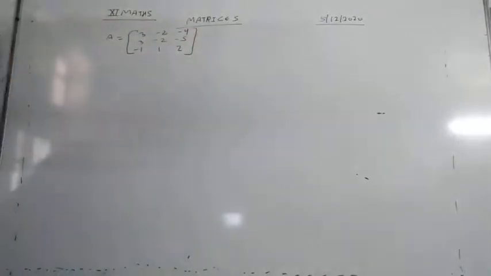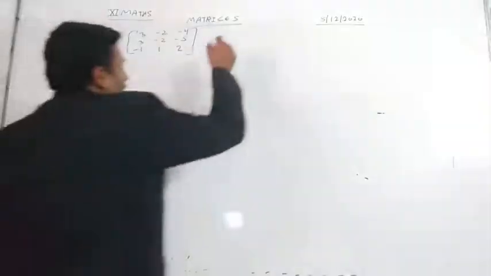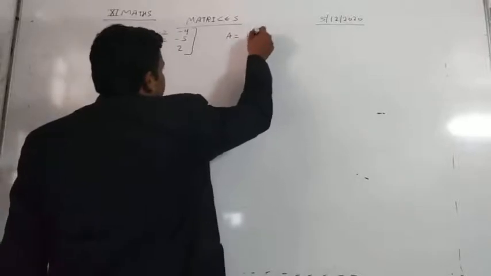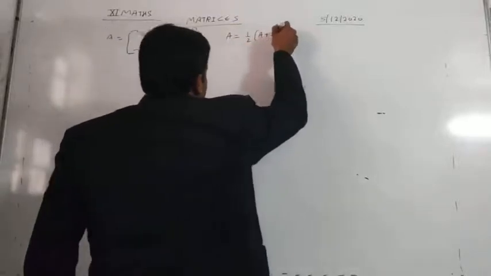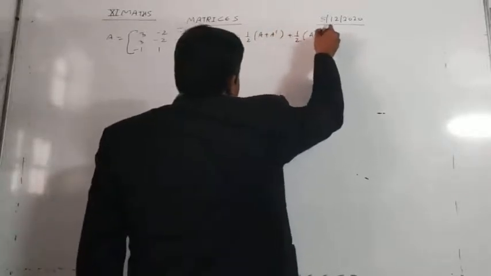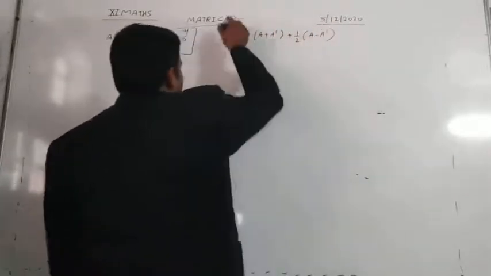Okay, so this is our matrix A, which we have to represent in the form A equals the sum of a symmetric and a skew symmetric matrix.